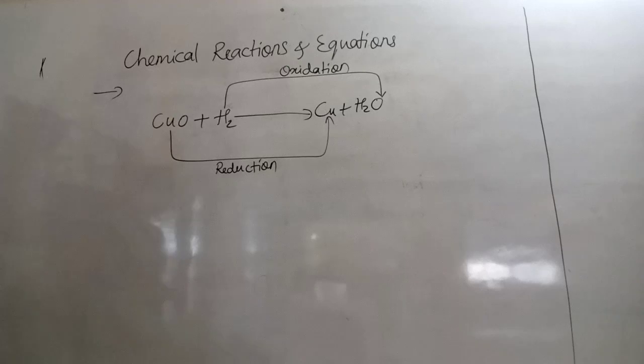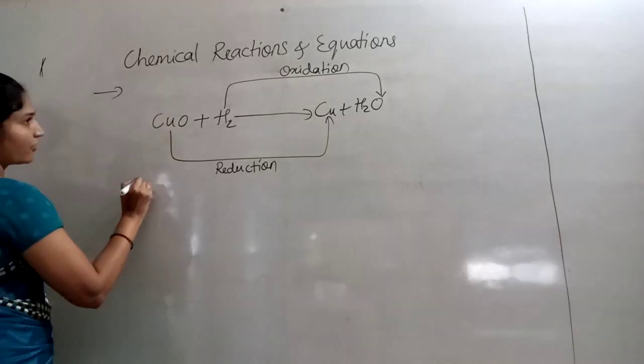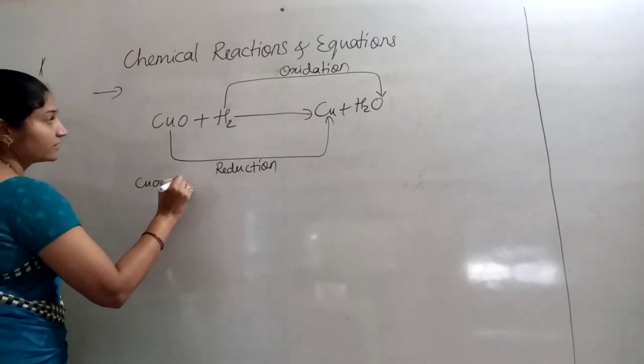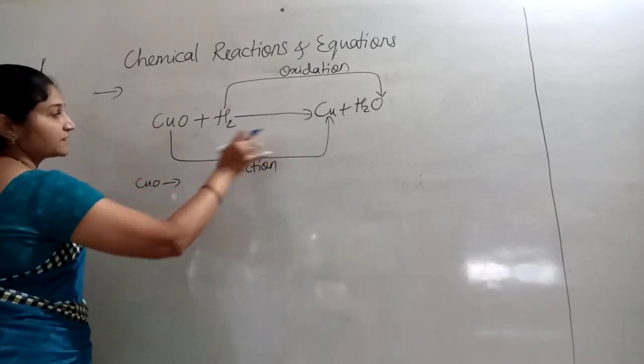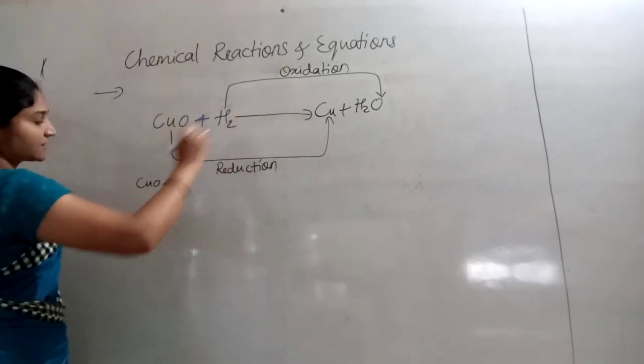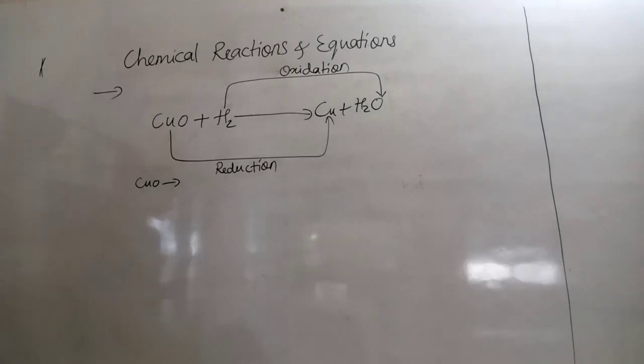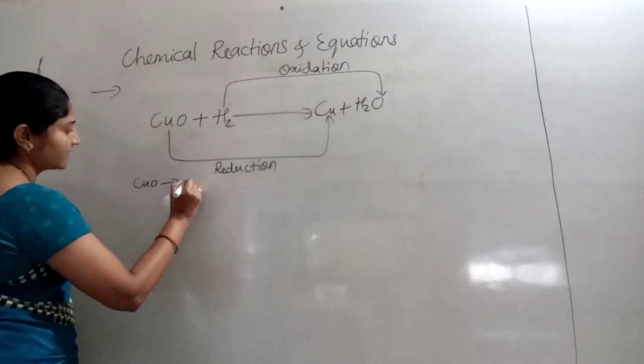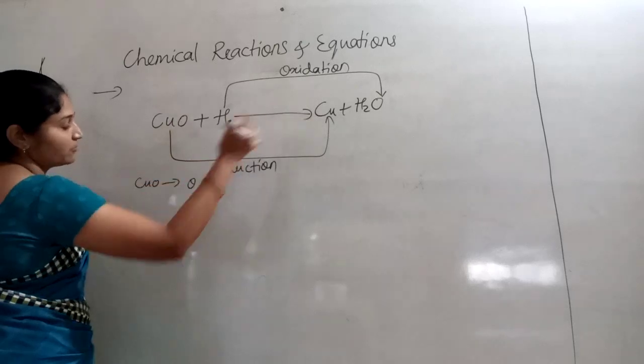Which is the oxidizing agent here? Copper oxide, which makes copper; it helps the oxidation to take place. So it is an oxidizing agent because oxygen is removed from it.